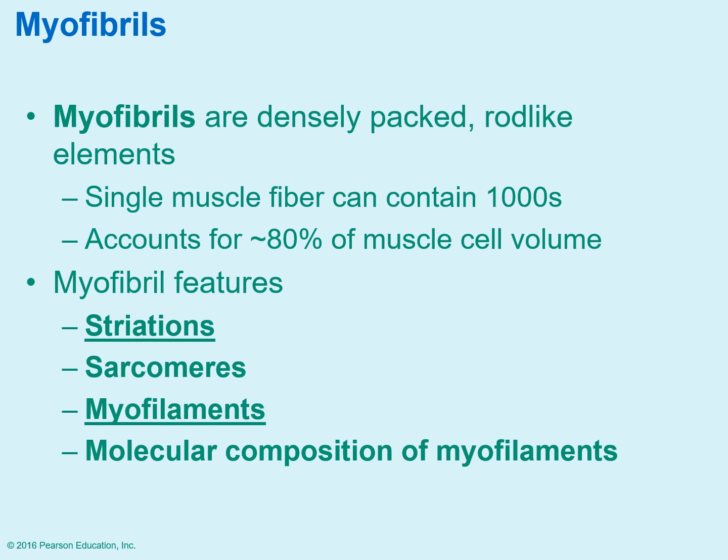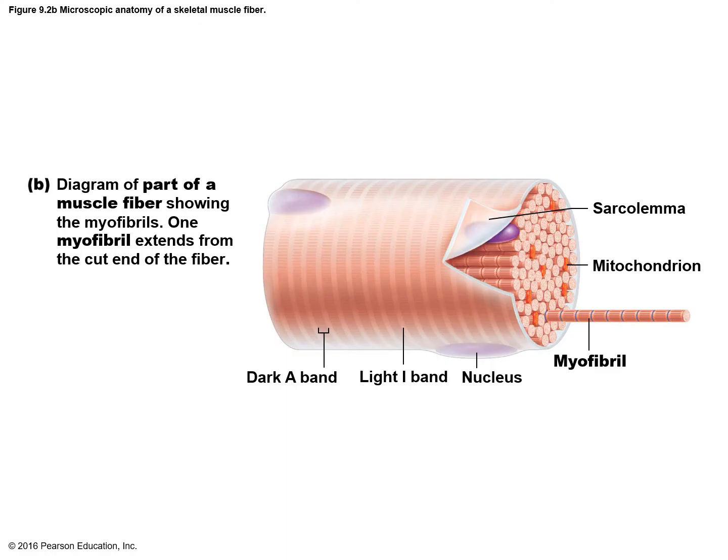And they have what are known as sarcomeres and myofilaments, and we're going to look at all of these. So when we look at a muscle fiber, this individual cell, the sarcolemma is the plasma membrane. Now, if you're thinking, well, wait a minute, what happened to the endomysium?